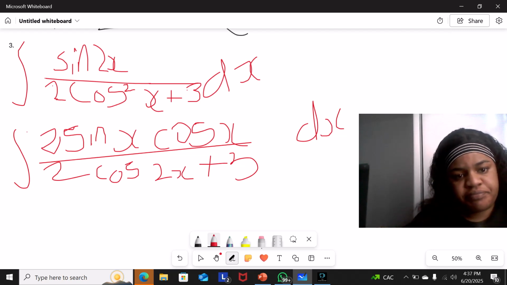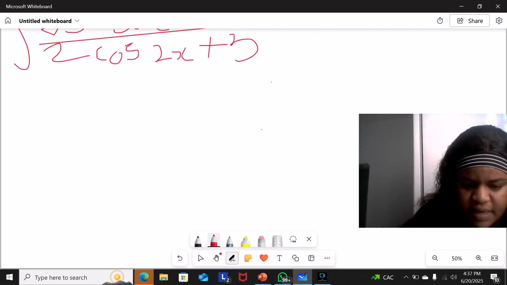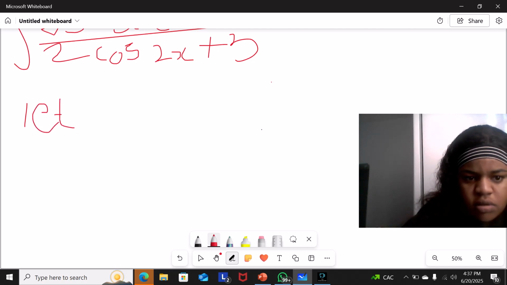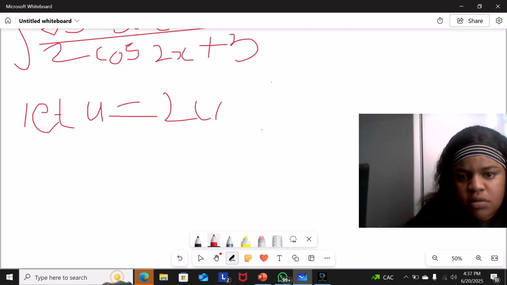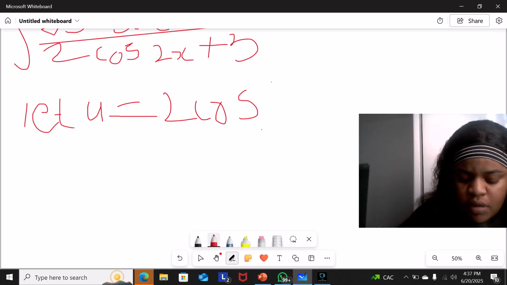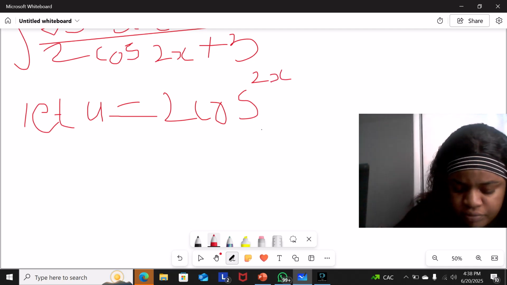From our identities, we mark all this, and then let's say let u equal 2 cos squared x plus 3.